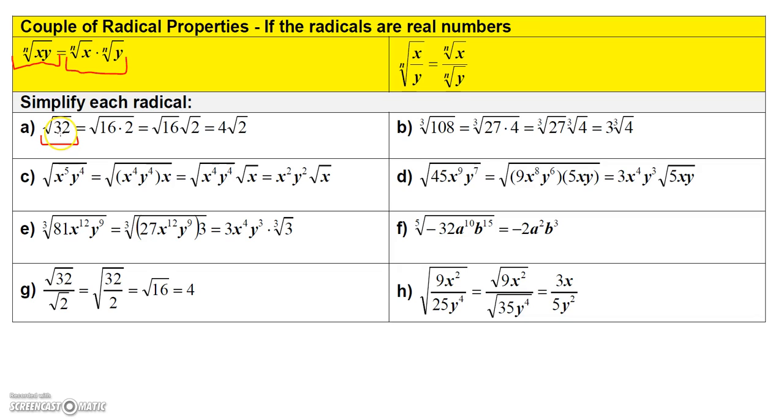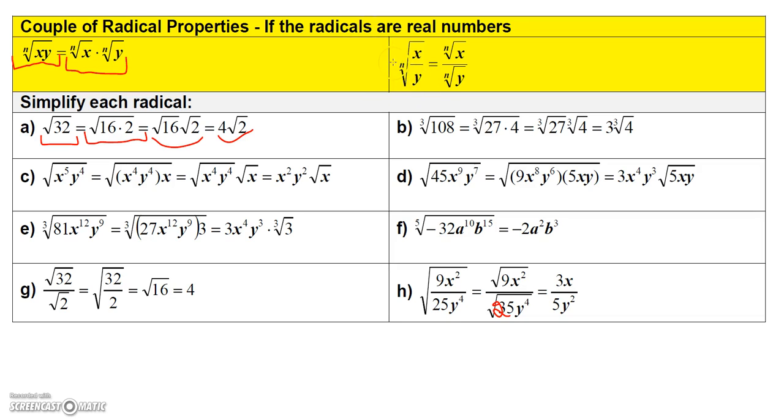Well, 32 is not a perfect square, but 32 has a factor that's a perfect square, 16. So I could write 32 as 16 times 2. So the square root of 32 is equal to the square root of 16 times 2. And then I could use this property to break that up into the square root of 16 times the square root of 2. And then I know the square root of 16 is 4. So I have 4 times the square root of 2.